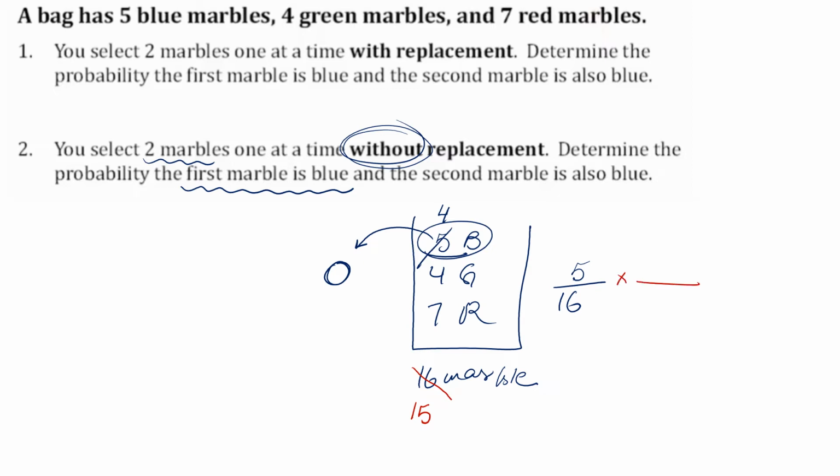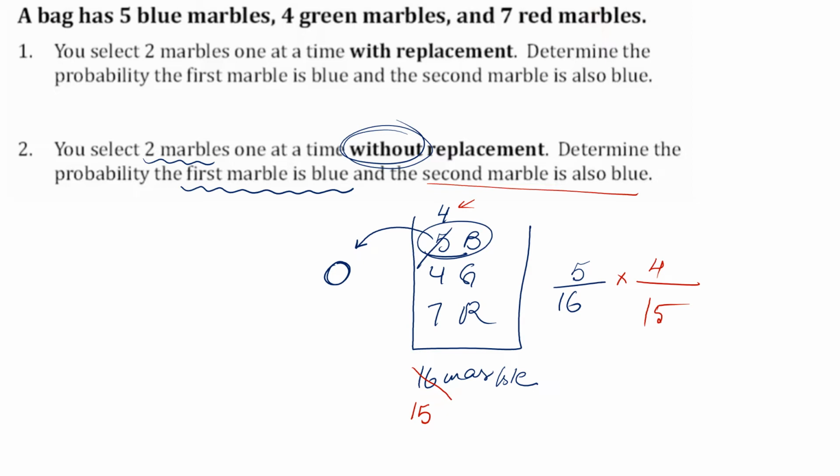So now, what is the probability of getting the second marble also blue? There are 4 blue marbles out of 15 marbles. So this is how you use the without replacement probability.